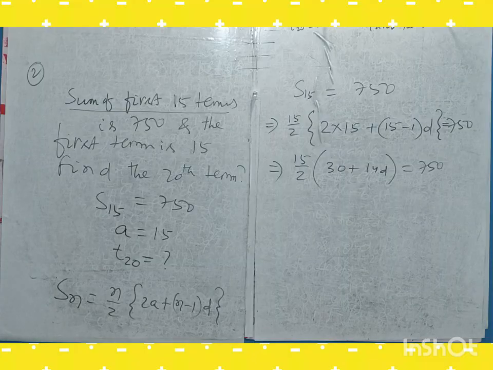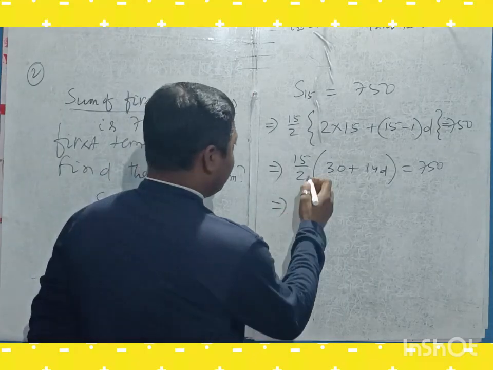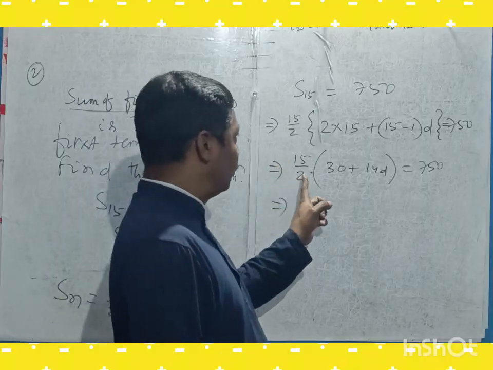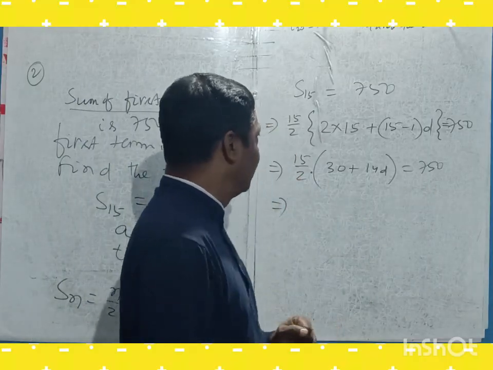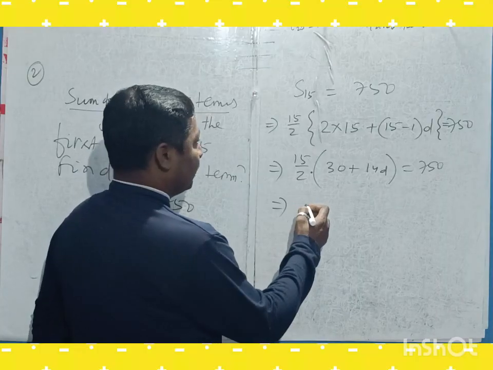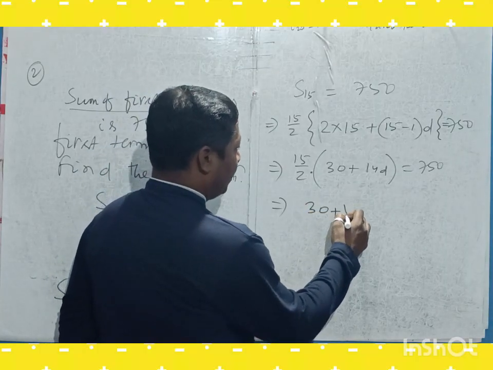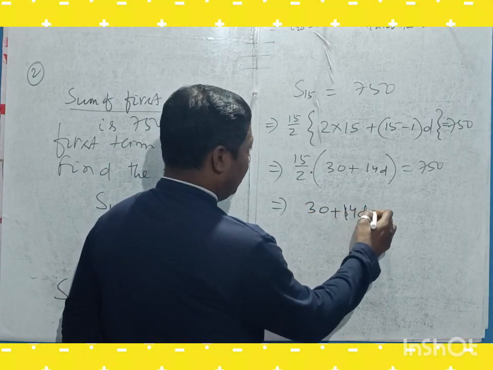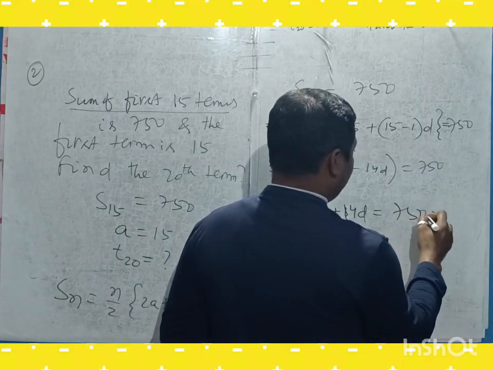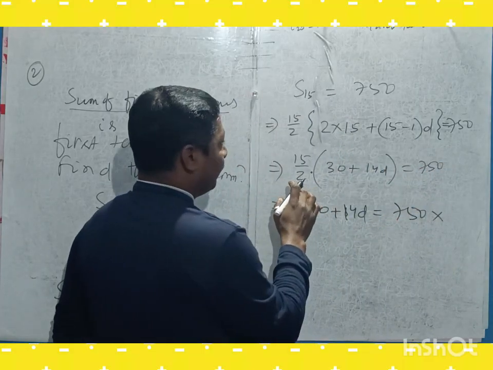Okay. So if 15 by 2 is multiplied with this, and I take 15 by 2 from LHS to RHS, it will be reversed. So 30 plus 14d, I am taking this one to RHS, 750 into 2 by 15.